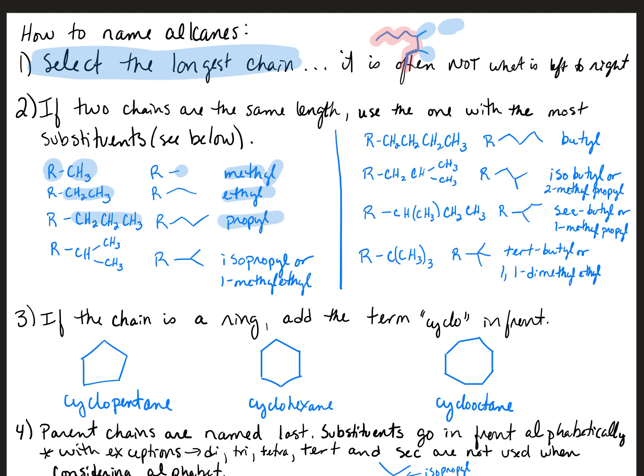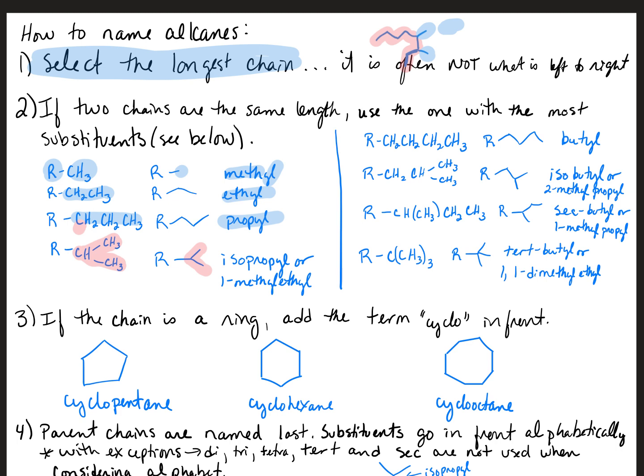Oh, but wait. Now when we get to 3, we can have different arrangements of stuff. So that R group could connect here on the first carbon, or it could connect on the second carbon. So this makes sort of like what I consider to be a forked tongue. So I call this an isopropyl. So that's where you have a forked tongue on the end.